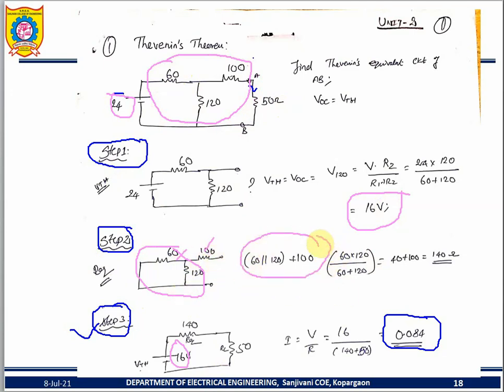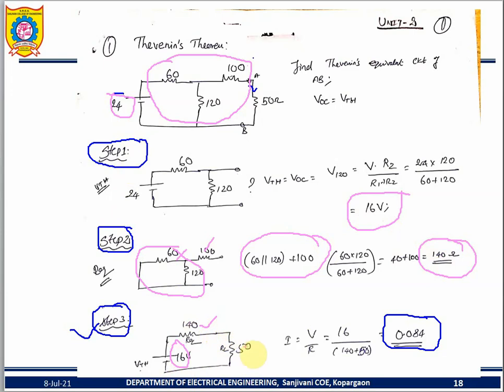We found the resistance value 140 ohm and substituted it. Now is it clear how the 16 volt is present? From step number 1, 16 volt is present. How is 140 ohm present? From step number 2, 140 ohm is present.